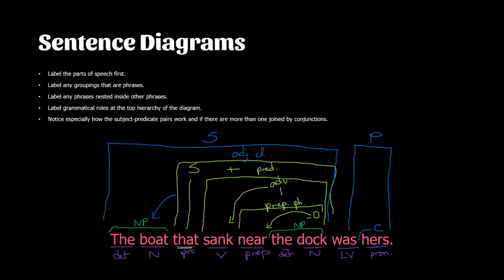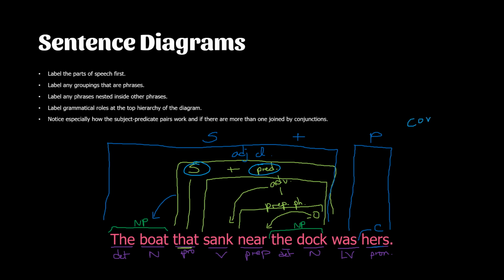So I have subject plus predicate, and at a deeper level, I have the subject and predicate of the adjective clause. So in hierarchy terms, the adjective clause is lower than, or deeper inside the onion. So it is not equal to the independent main clause as it would be in a compound sentence.